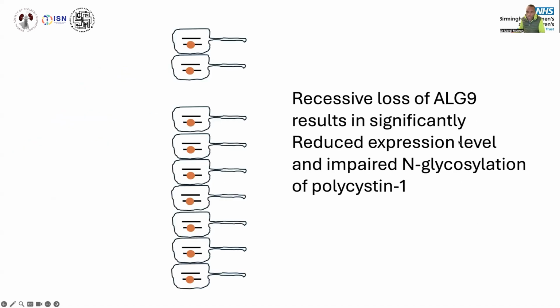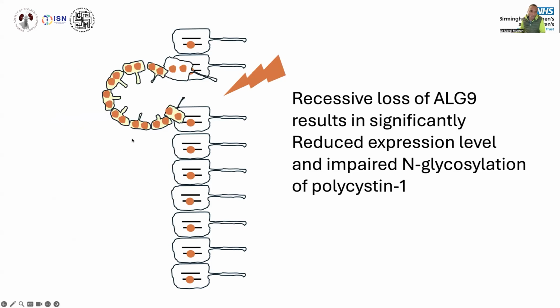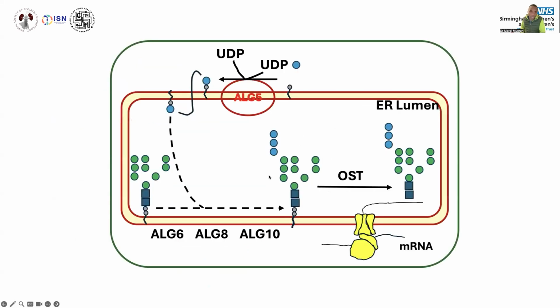I think we came across one of these genes, ALG9, which results in a reduced expression of the polycystin gene, reduced N-glycosylation, and that effectively does cause a ciliopathy, because if you see these aligned cells, which all have cilia associated, by having a mutation in an extra, you form this cystic-like structure as that impaired glycosylation occurs, and that's just an example.